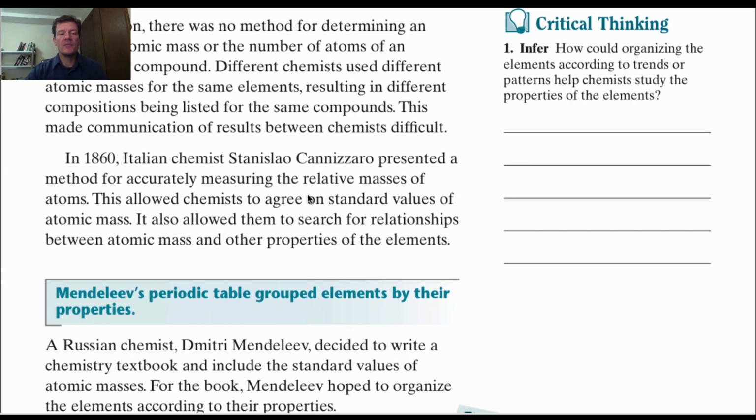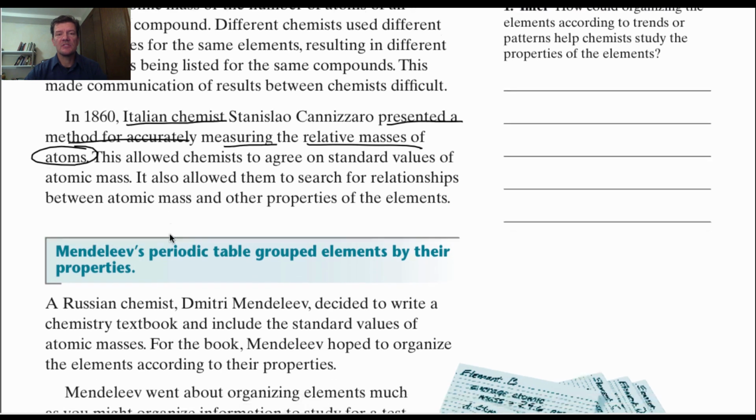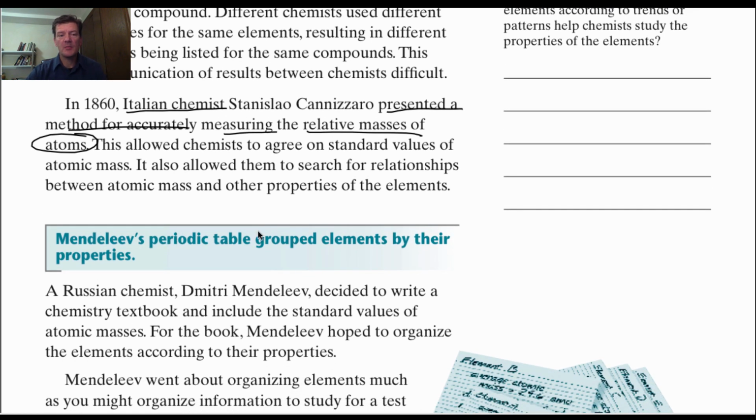So, finally, an Italian chemist presented a method for accurately measuring the relative masses of atoms. This is important because the next scientist, who is considered the father of the periodic table, was using those relative masses, those atomic masses, in order to create a table or a chart and look for patterns.